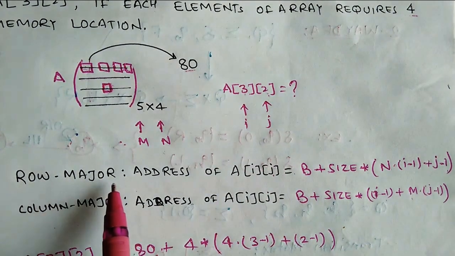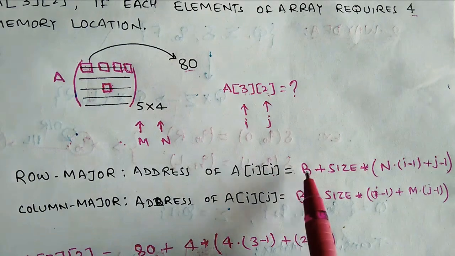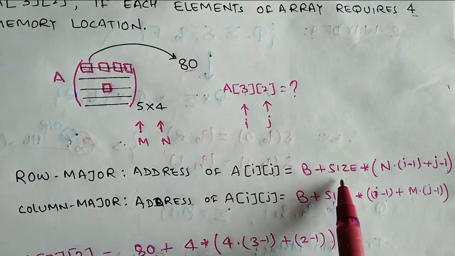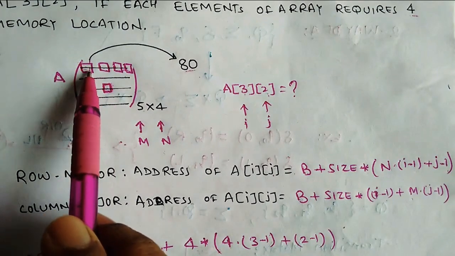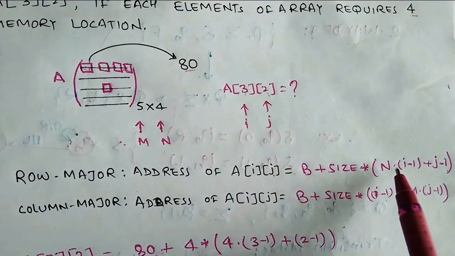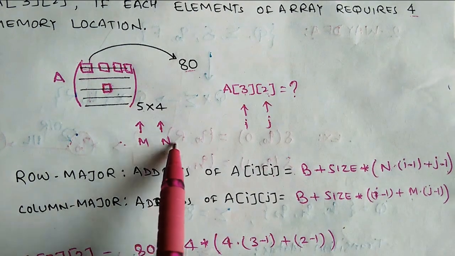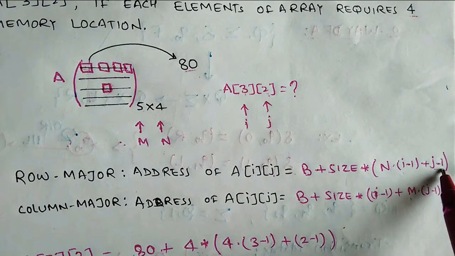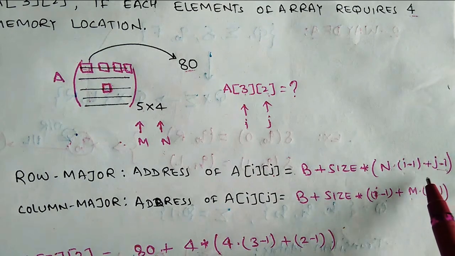In row major, the address of A[i][j] will be base address plus size. Size is nothing but the memory needed to store a single element; in this problem it is given as 4. So size into n, which represents the number of columns, into i minus 1, plus j minus 1. So this is the row major address formula.